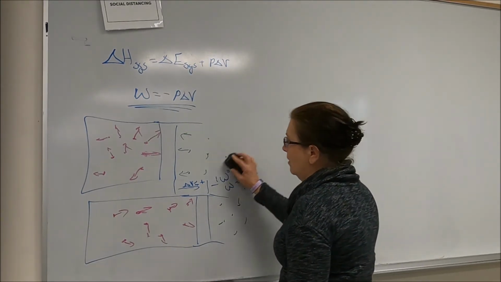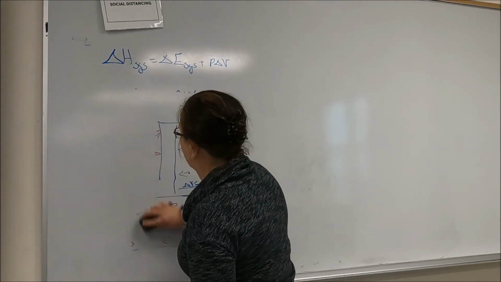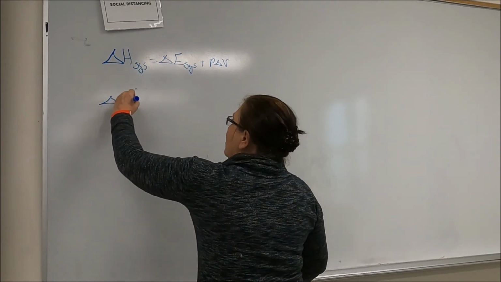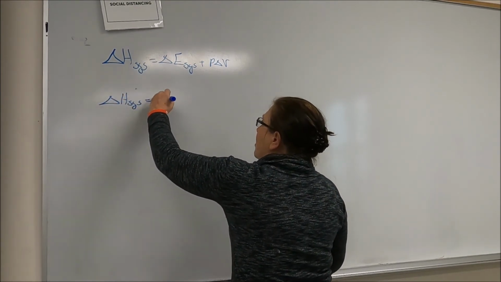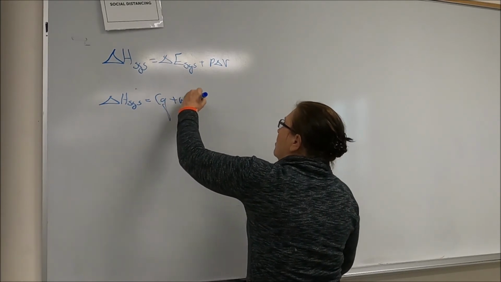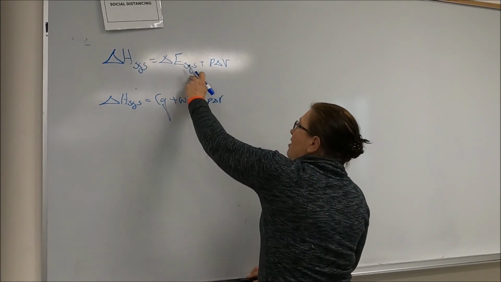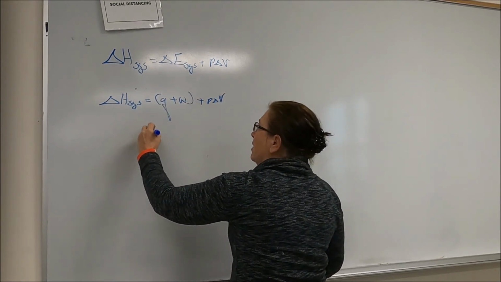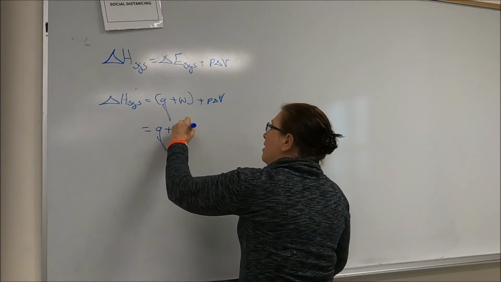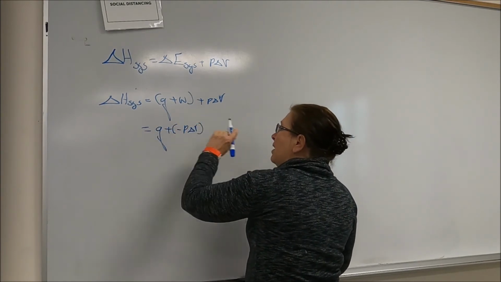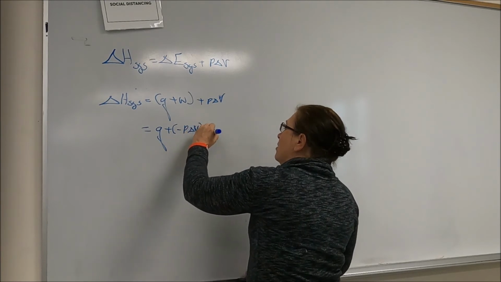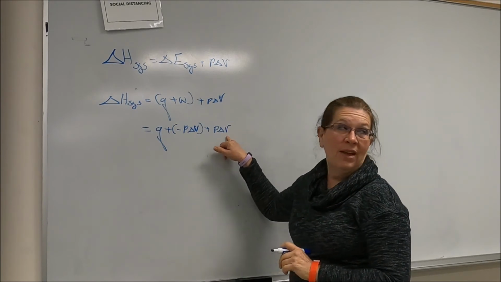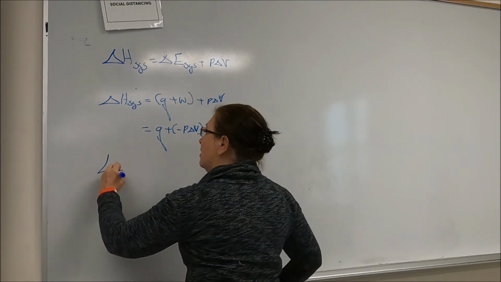Now I'm going to play math games, guys. So delta H of the system is equal to Q plus W plus P delta V, because anytime I change the energy of the system, I do it through work or heat. Work is minus P delta V when I'm under conditions of constant pressure. And notice I have a minus P delta V and a P delta V. They're going to cancel each other out.